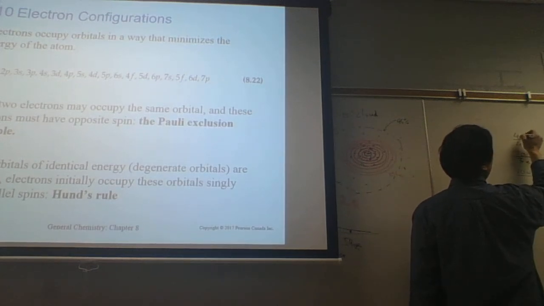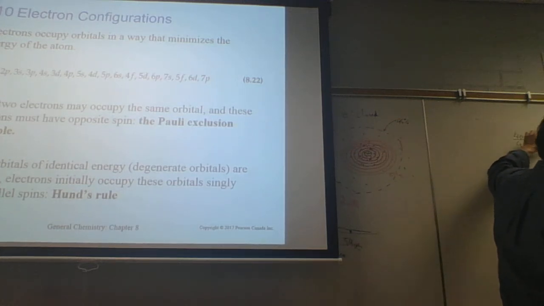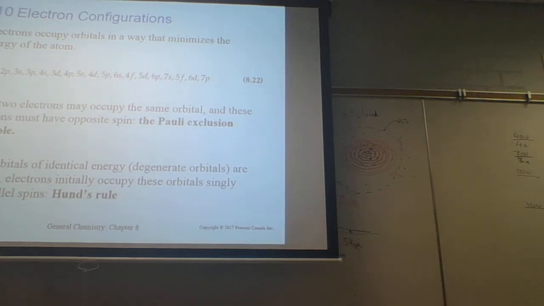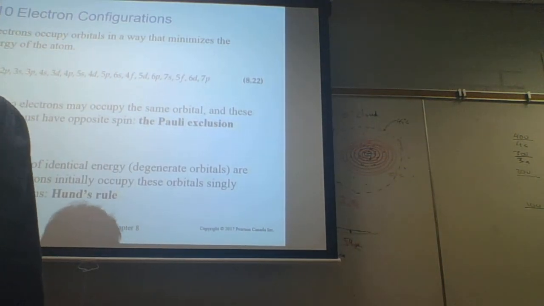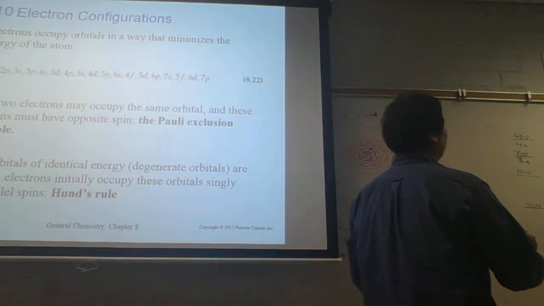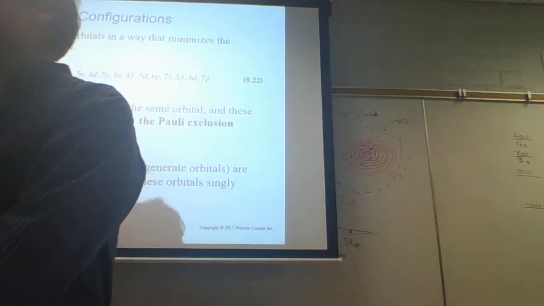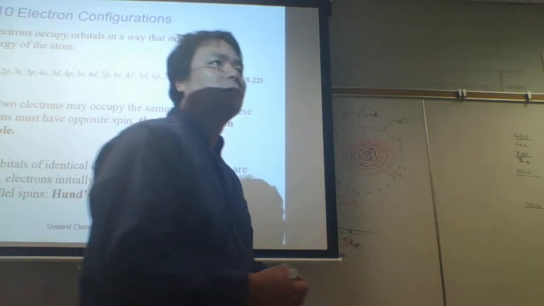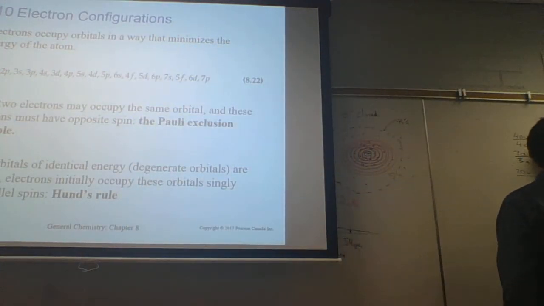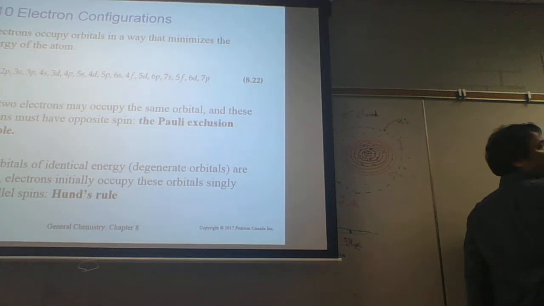And so the 400 actually goes lower in energy than the 3d, even though the effective distance for 4 is much, much farther than the effective distance for 3d, right? So that's the ordering of the energies. You guys already know this? Yeah? Or no? What happens is the 4s orbitals are lower in energy than the 3d orbitals.